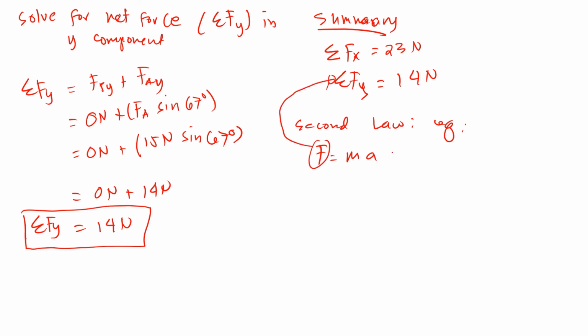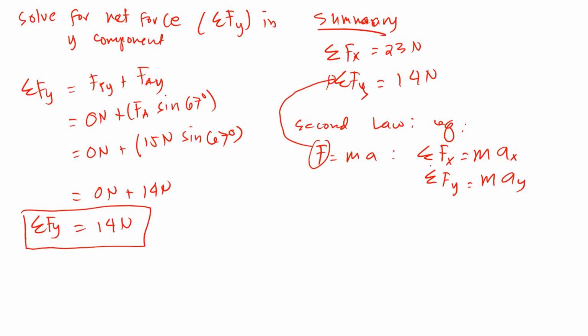So this is equals to summation of f sub x is equals to mass times a sub x, and for y component this is summation of f sub y equals mass times acceleration sub y.